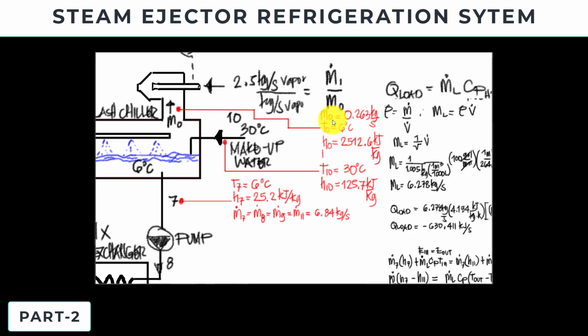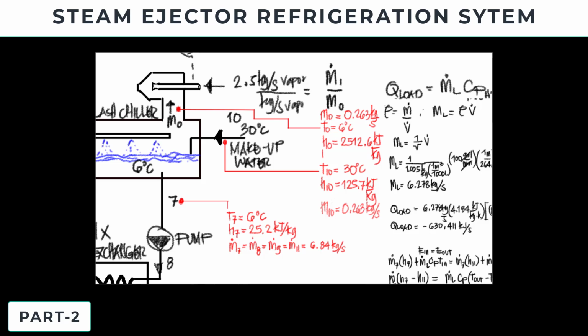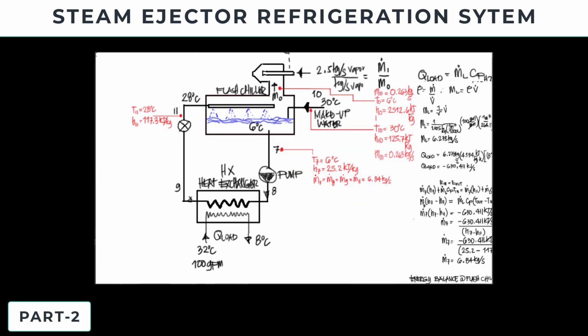Okay, so assigning the mass flow rate at O. And then assigning the mass flow rate of point 10, which is equal to the mass flow rate of your vapor that is leaving. We have the makeup water to compensate the leaving amount of water, so they must be equal, 0.263.